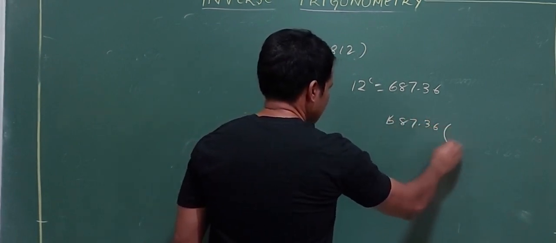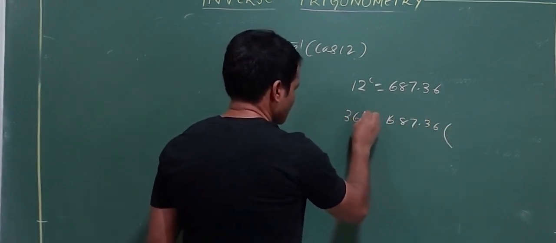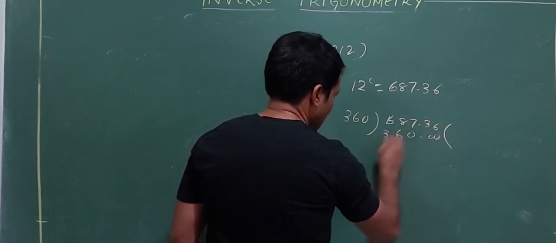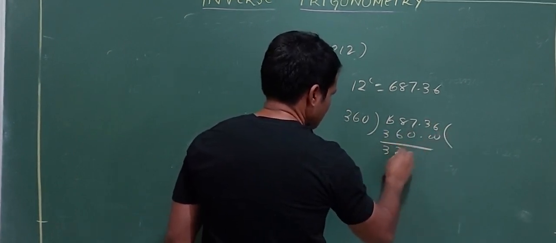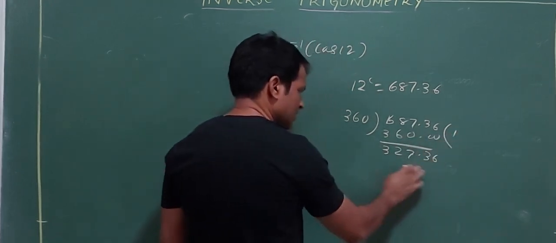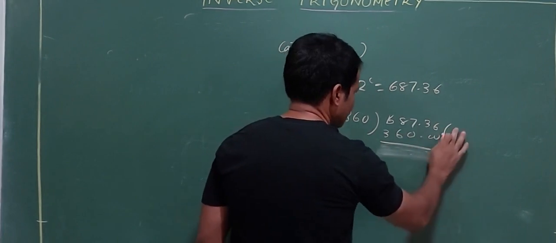687.36. If I divide by 360 one time, I get 327.36. But the remainder is too big, so why not take 2?